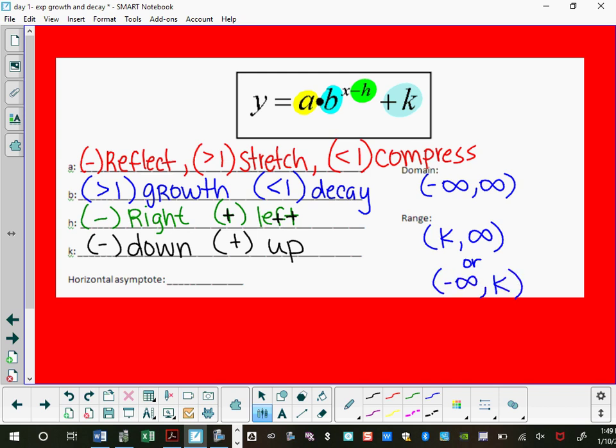That's what that k is. And so your horizontal asymptote, I've already basically told you why. This horizontal is always y, and it's going to equal k. Whatever your last number is, that's what your horizontal asymptote is. So now that we know that, we'll know how to do these graphs.